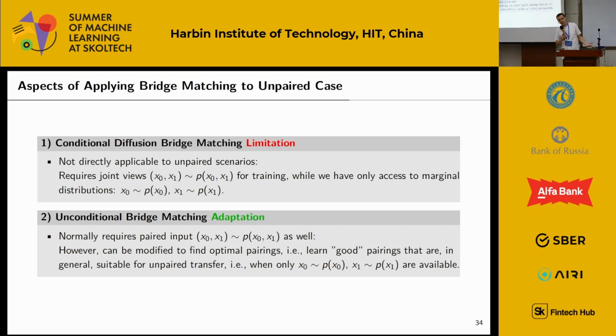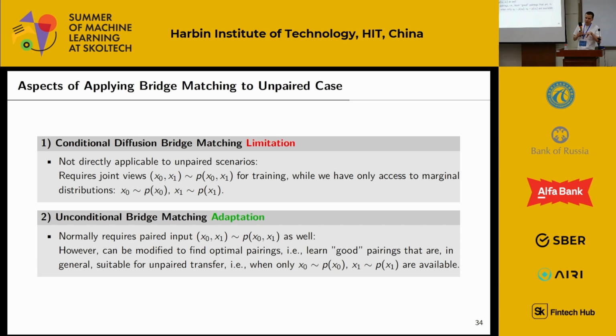Well, unconditional models actually also require some pairing to be trained, right? You can take some independent pairing or something like that, but you never know which pairing your model will learn in the end, and whether this pairing will be sufficiently good to provide content preservation during translation from one domain to the other.